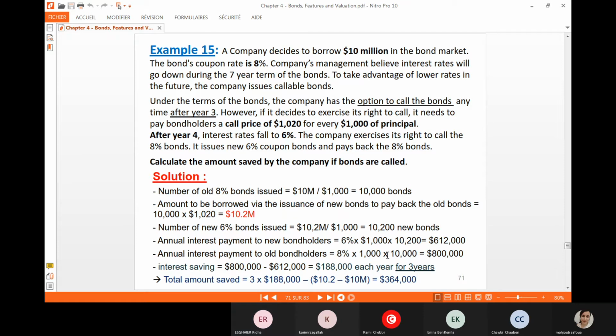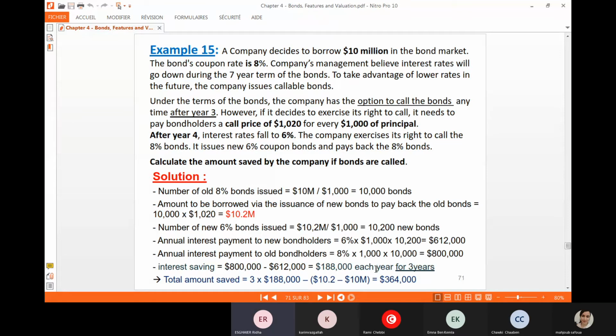The coupon rate is 8% times the par value. You pay $800,000 annually as interest for the old bonds. What is your interest saving now? Annually, you save $800,000 minus $612,000. Annually, you have $188,000 saved.